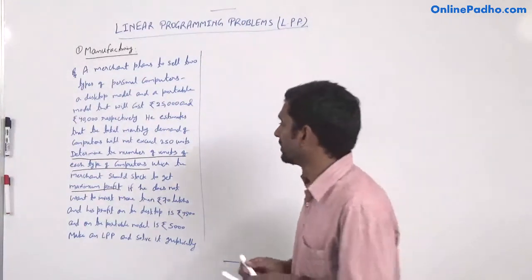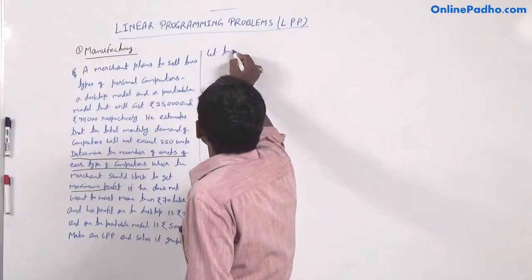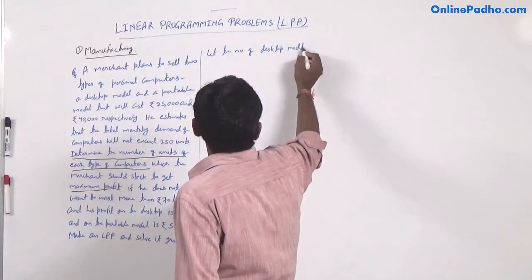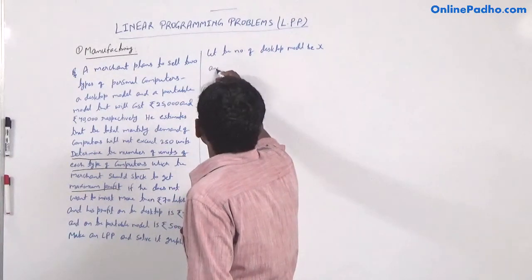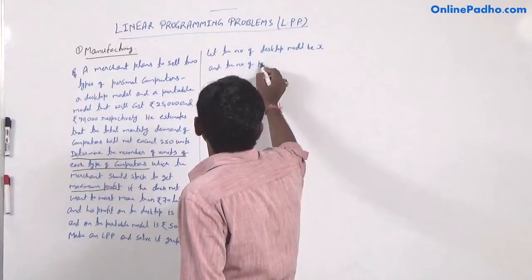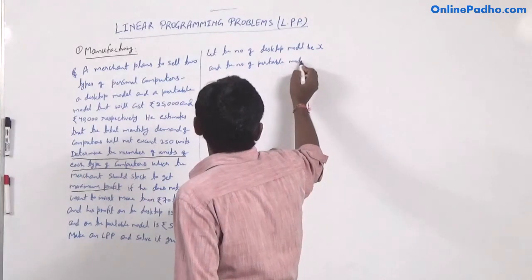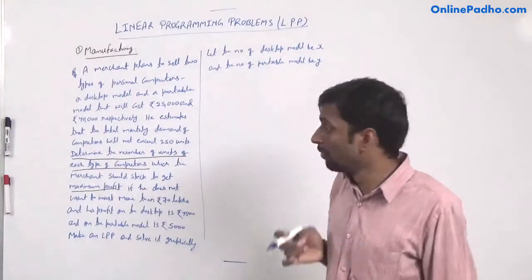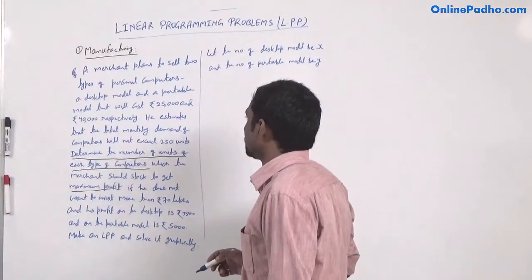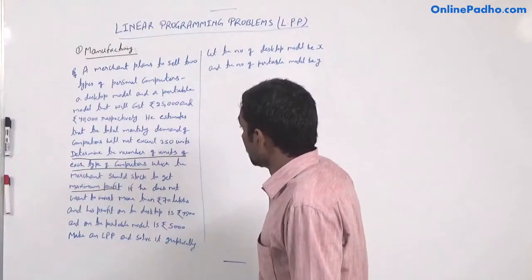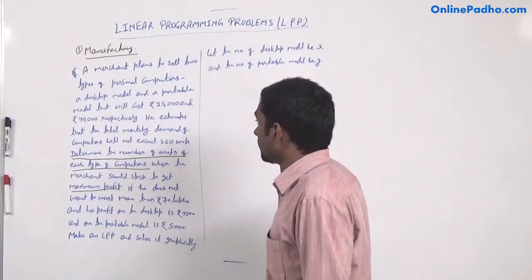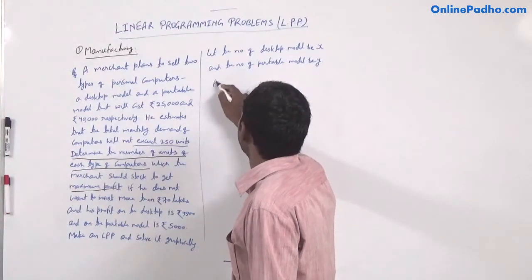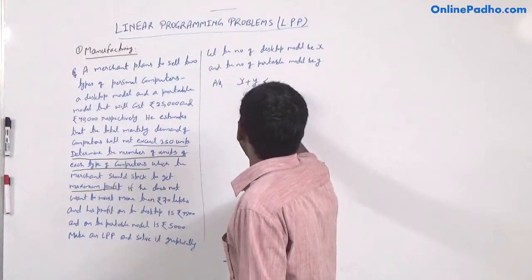First, we have to consider two variables here. Let the number of desktop model be X and the number of portable model be Y. Now, according to the question, the demand will not exceed 250, which means X plus Y should be less than equal to 250.